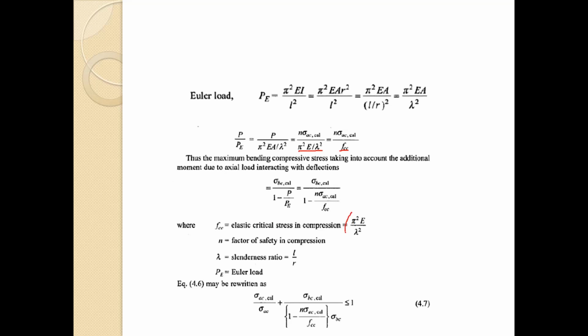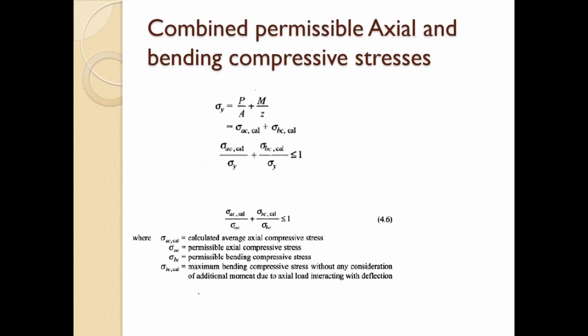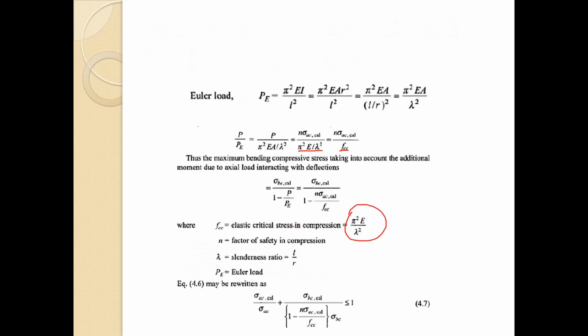We have learned this in the earlier curriculum, in the analysis part of the structure. n is the factor of safety in compression, lambda is the slenderness ratio, and PE is the Euler's load. So this equation 4.6 we can write as sigma AC calculated divided by sigma AC plus sigma BC divided by 1 minus n sigma AC calculated divided by FCC into sigma BC.